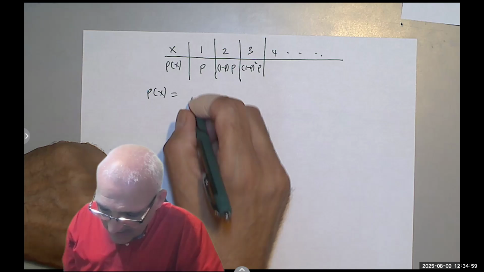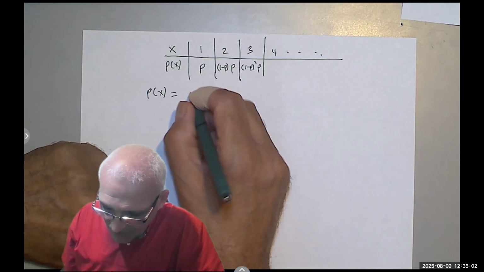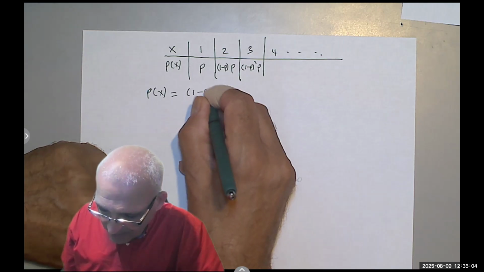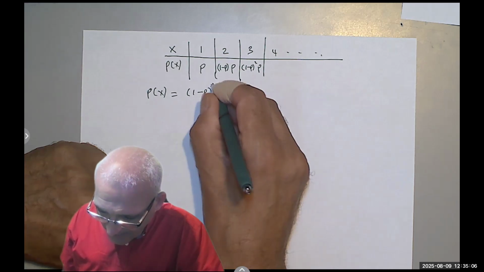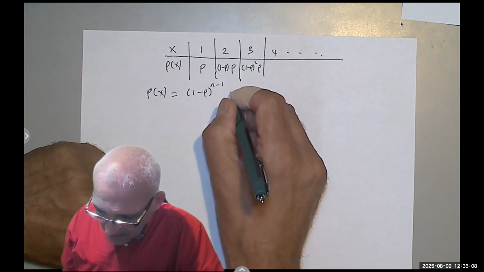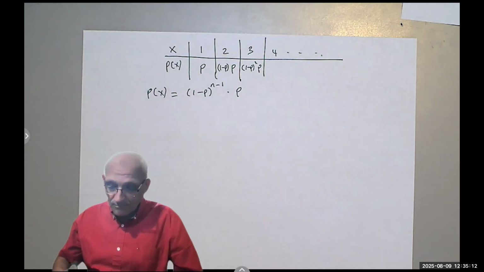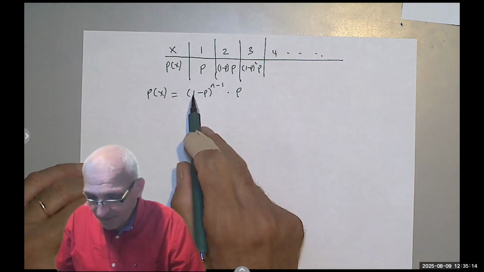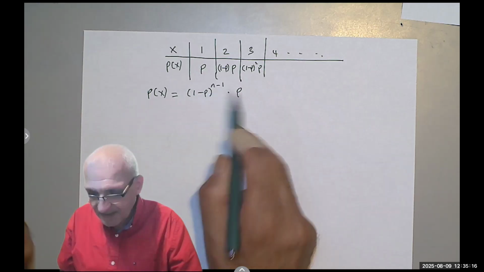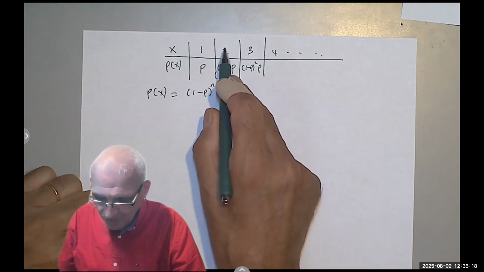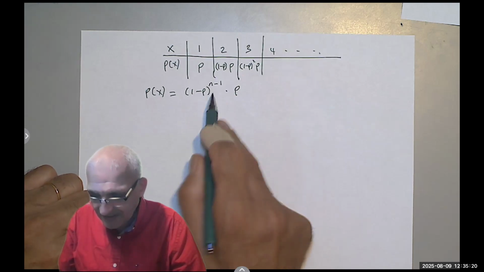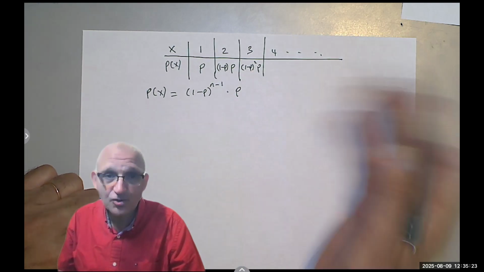Here, what I can say is that the probability of x can be described as 1 minus p to the n minus 1 times p, right? To get in the first trial, it would be 1 minus p to the 0, which is 1 times p. 1 minus p to the first, 2 minus 1 times p. So you get 1 minus p, and so on and so forth.